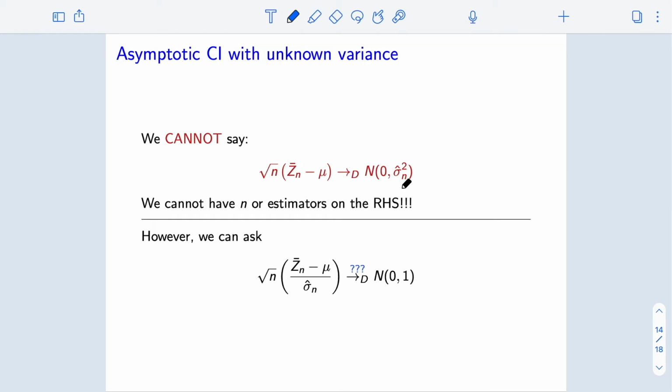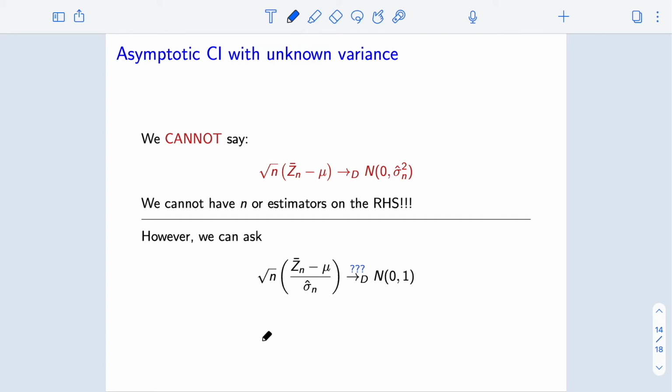So instead, what we will generally try to do is move anything stochastic from the right-hand side to the left-hand side, and the kind of statement we might be interested in is something that looks like this. Now, rather than square root n times Z_n bar minus mu, we have that same thing, but divided by sigma hat n, and we have this question: does this converge in distribution to a normal with mean 0 and variance 1?